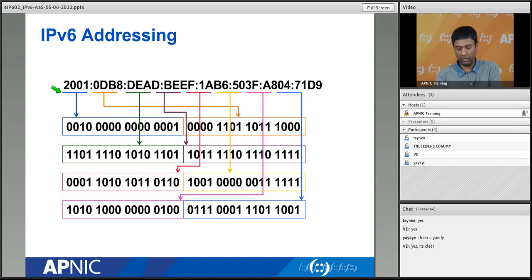So this is what the equivalent binary is. 2 will become 0010, 0 will become 0, 0 will become 0, and then 1 will become 0001. So this is how the whole hexadecimal representation of an IPv6 address can be converted into binary, and it's so big. That's an example of an IPv6 address in binary and the equivalent hexadecimal.